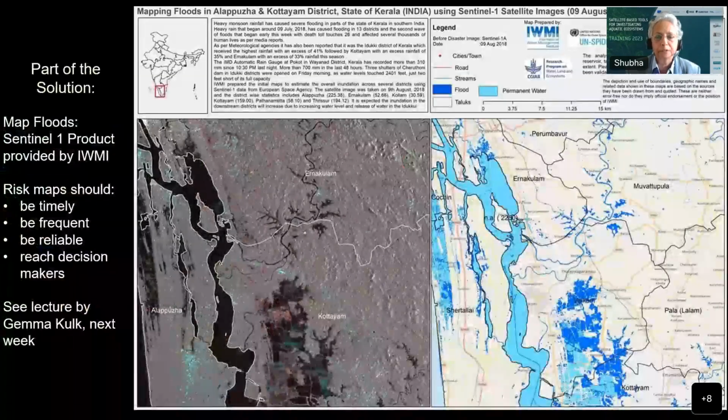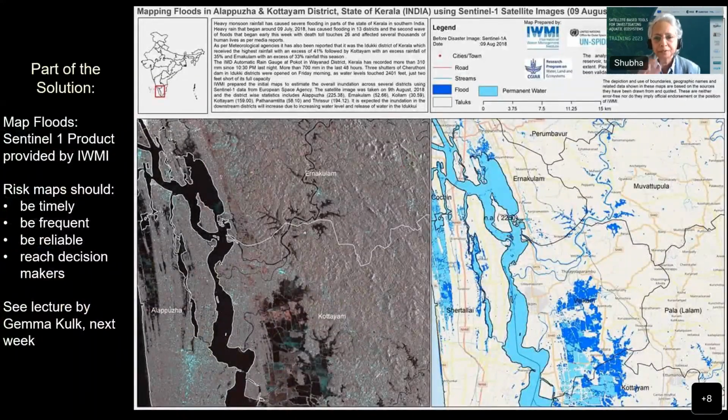At that time, people did make use of flood mapping from satellites to understand the magnitude of the problem. This is a newspaper article of the time that showed satellite images from Sentinel-1 produced from Europe based on the ESA sensors. And they were a valuable source of information.